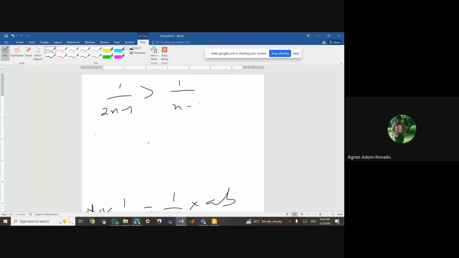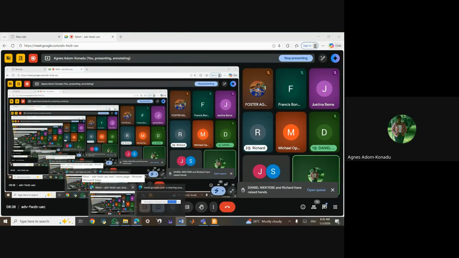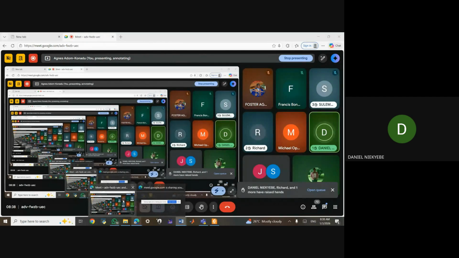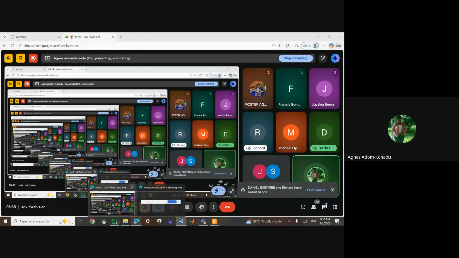I think there's a hand up. Daniel. Please, so meaning if we are to change the sign, we can multiply it through by the denominators without squaring it. Why do you want to change the sign? Madam, I'm just asking. Okay, so when you have something like this, the best way to solve it is to square the LCMs.